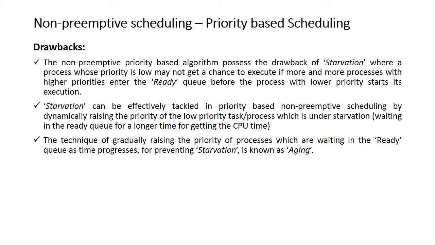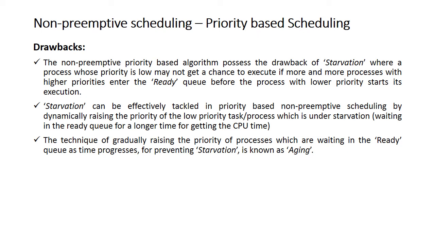The processes having lower priorities will face the situation of starvation. They will not get the CPU time or CPU resource for execution. They will not get a chance for execution, and that is called starvation.